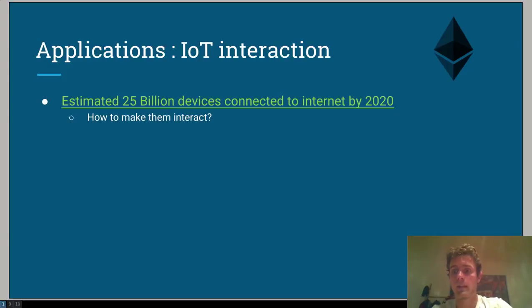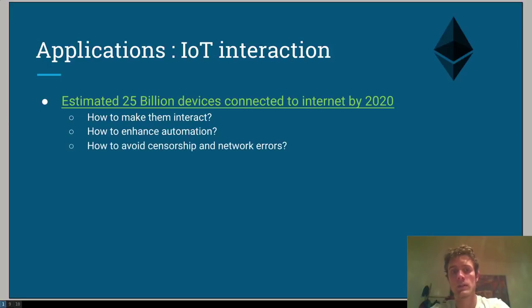And as all of those devices are connected to the internet more and more, you'll need a way to manage them. You want to enhance automation, avoid censorship and network errors, and guarantee uptime. And obviously, you could use the blockchain.